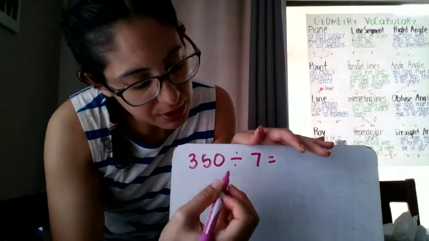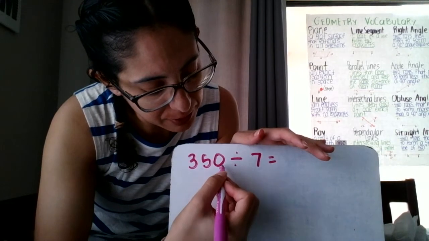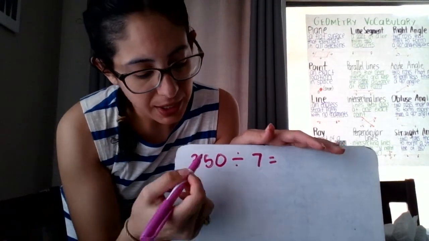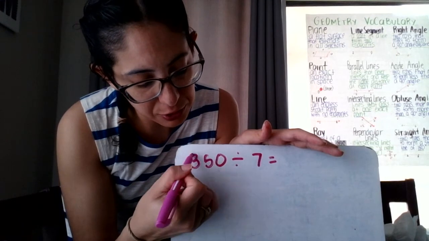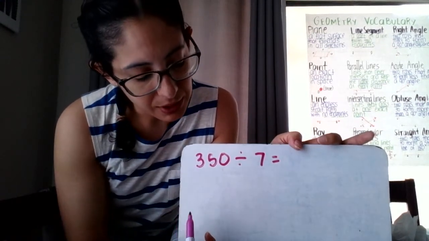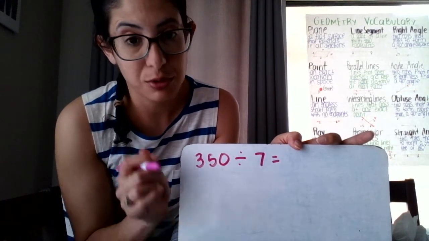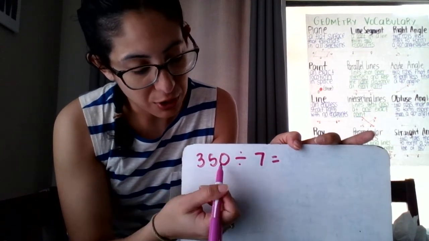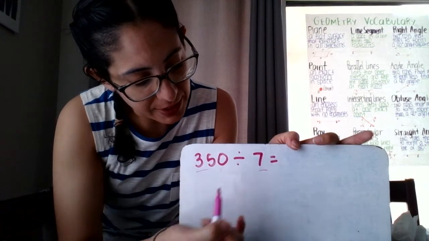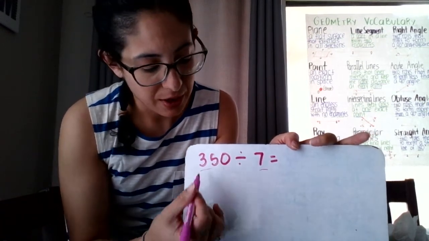Okay, so this ends in a 0. That's my first big clue. Okay, it ends in a 0. So that tells me, hey, can I look at the first two numbers and make it a basic fact? Let's see. Those of you who know your multiplication tables should already be able to identify, wait, 35 and 7. There's a relationship there.